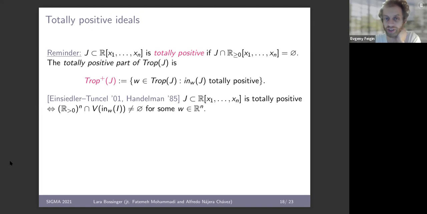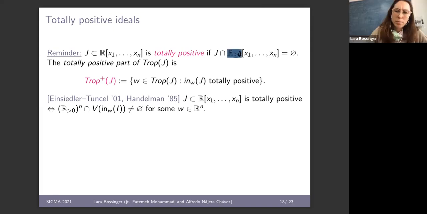Lara, I'm sorry, in the definition, do you want to take non-negative real numbers or strictly positive real numbers in the first line of the reminder? Yeah, I think it is equivalent. I chose non-negative ones because like this, greater or equal to 0 is still a semigroup.